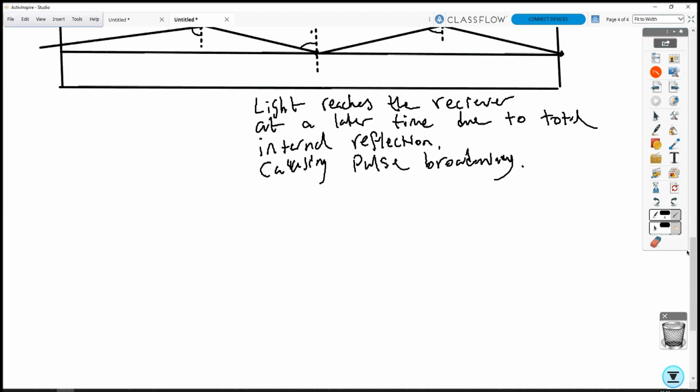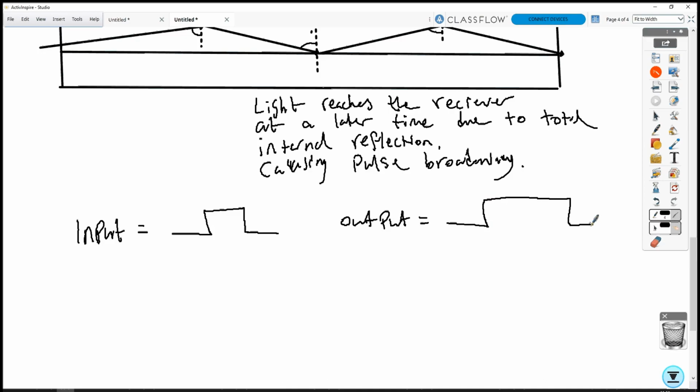So what that means is that if your input pulse looked like this, then your output was more like this. I should actually reduce the signal there a little bit. So it was broadened.